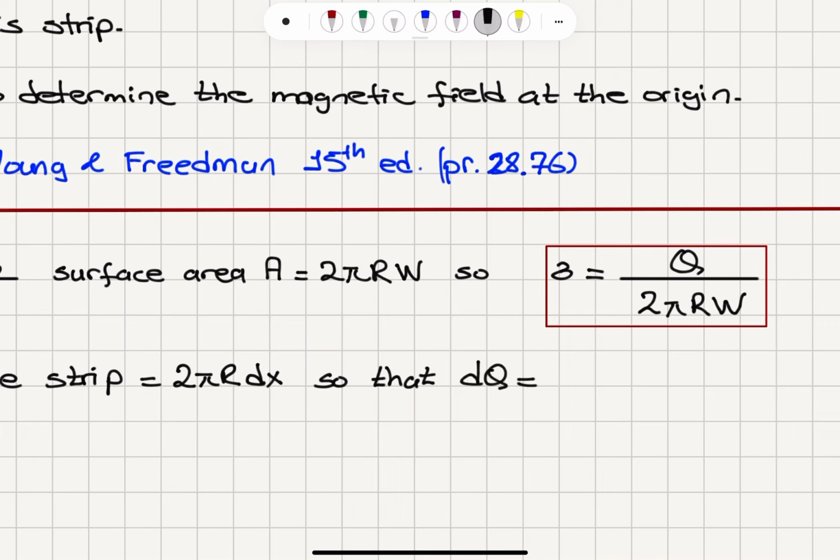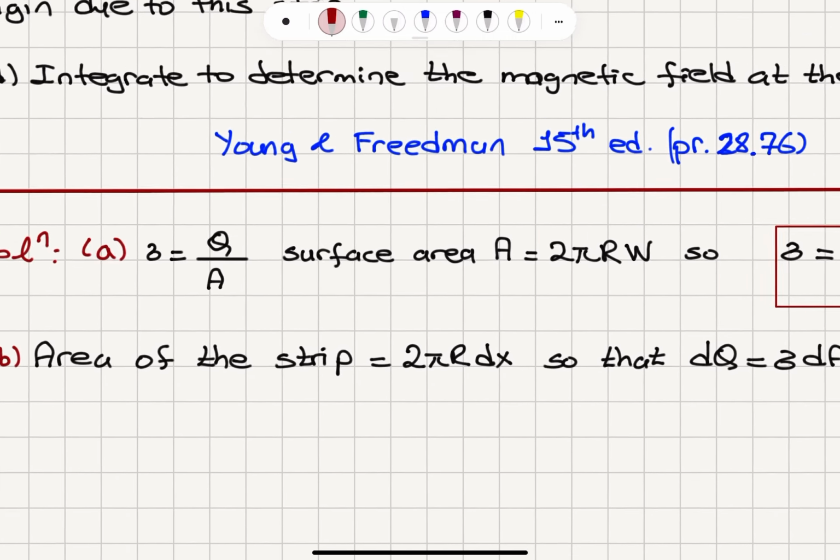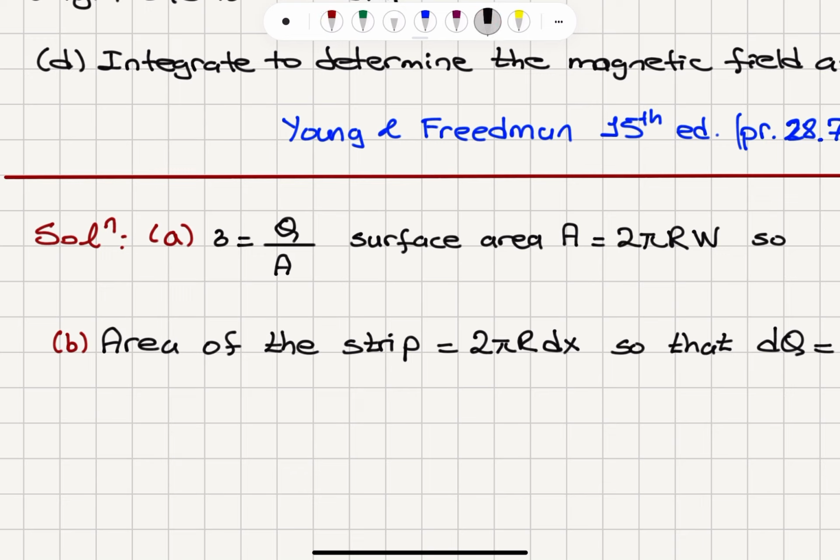dq is equal to sigma times its area dA. Now sigma we found in part A, capital Q divided by 2 pi capital R W, multiplied by dA, which is 2 pi R dx. So the 2 pi R's will cancel out and I will be left with Q dx over W for the charge.